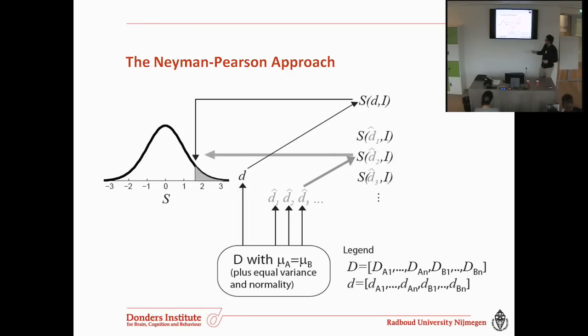Now what is the logic behind the test that we perform? The logic is that we calculate a test statistic, and the test statistic is here being denoted by S. Some of these symbols involve gray, and I'm going to explain them in a minute. I'm going to start with the observed data.